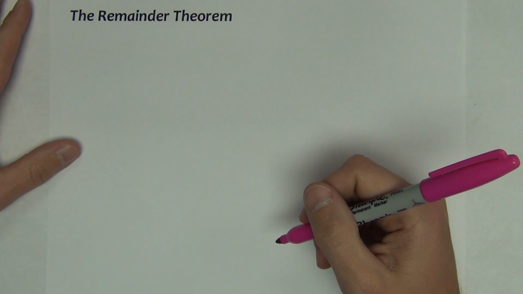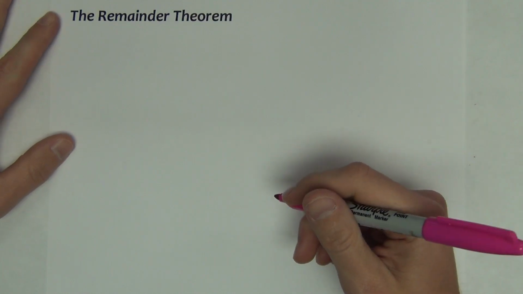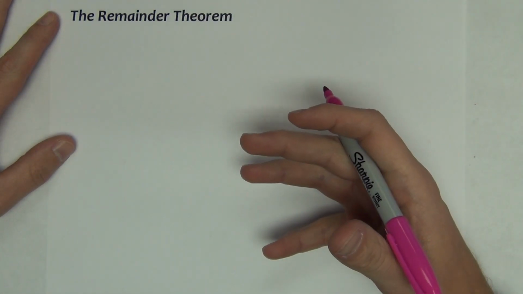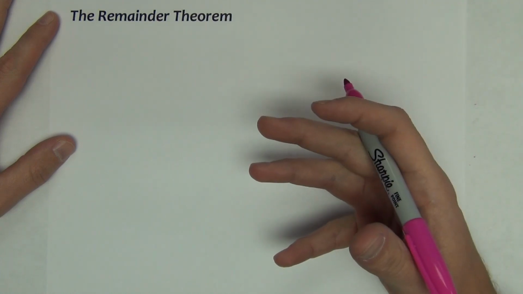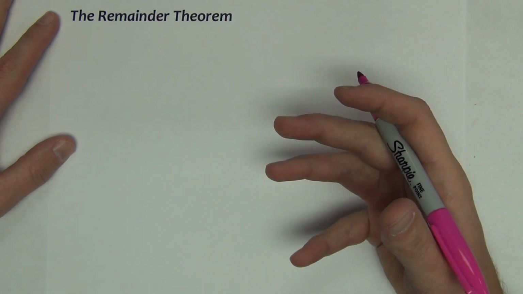Alright, the last thing that we're going to look at is called the remainder theorem. It's kind of an illustration, or one of the uses, I suppose, of polynomial division.